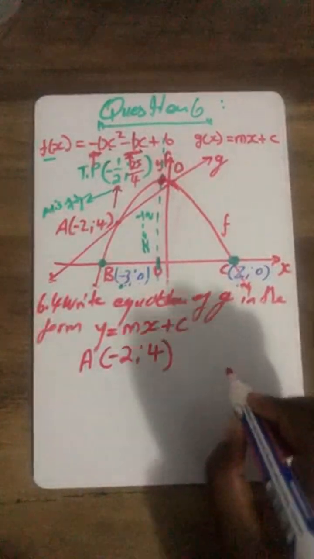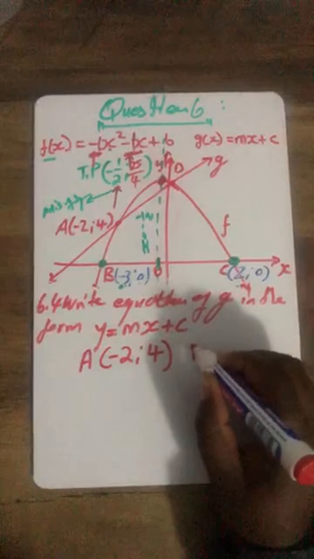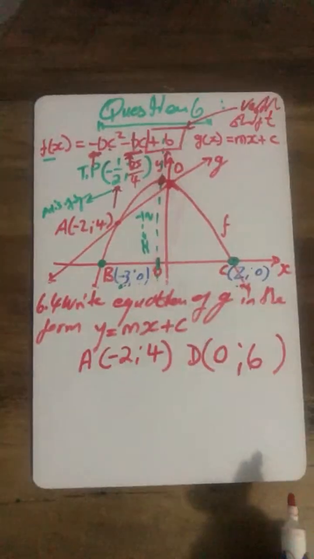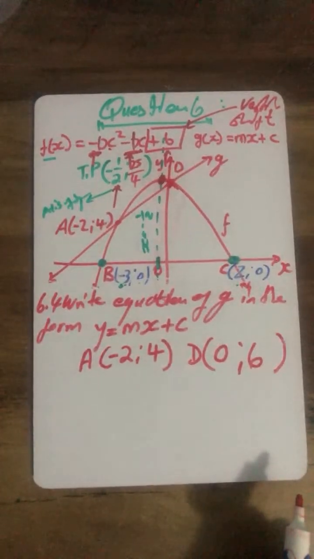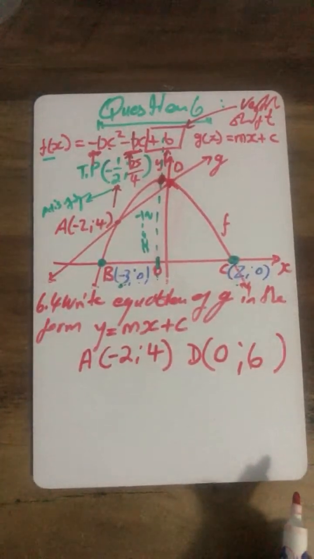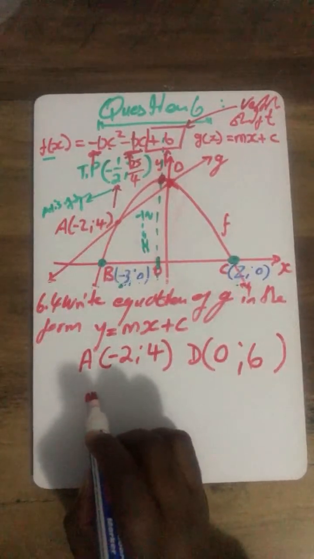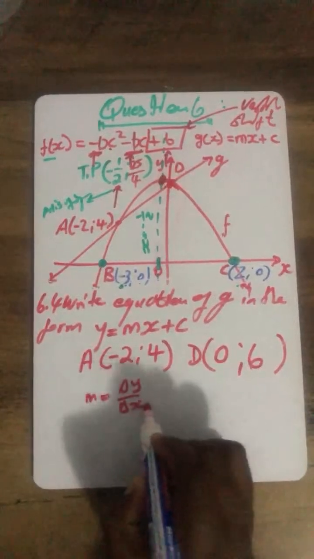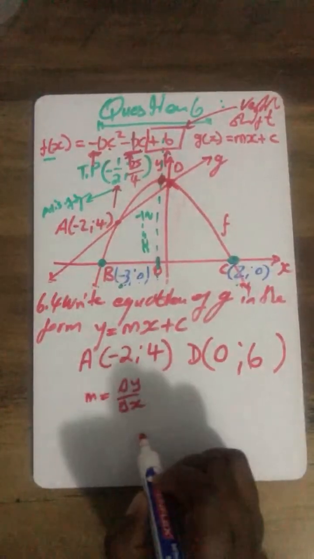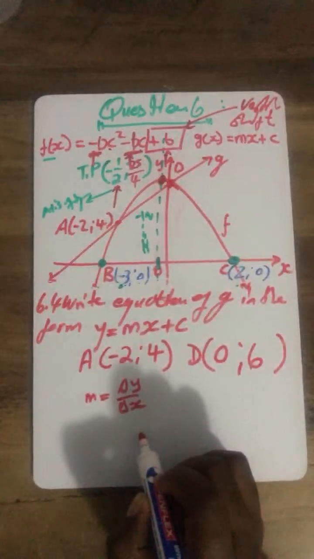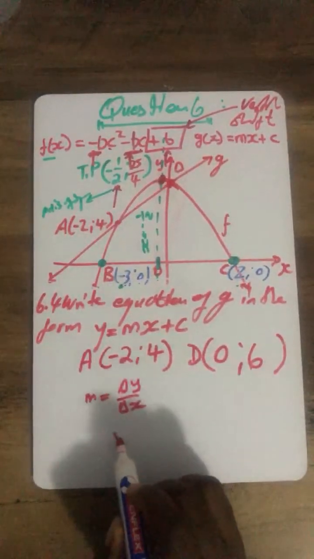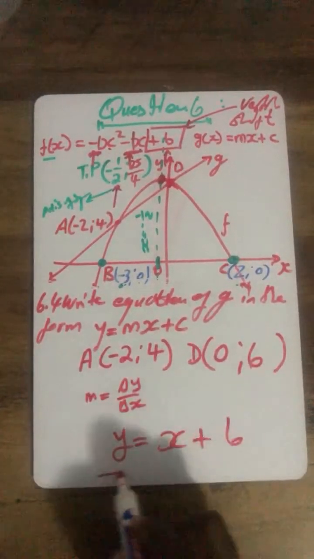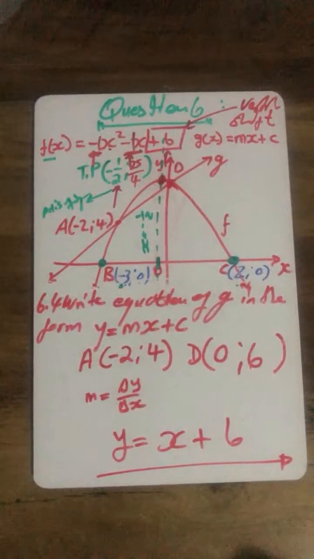Then, again, you have point D. So now you can easily find the gradient, being change in y over change in x. And then after finding the gradient, you can use one point to determine the equation. And it must end up being y equals x plus 6. This is what you must get in the end.